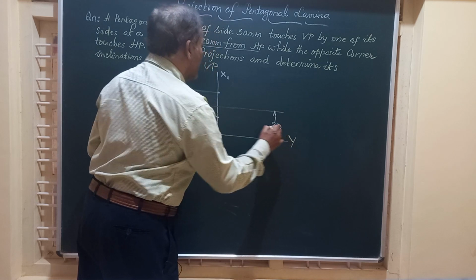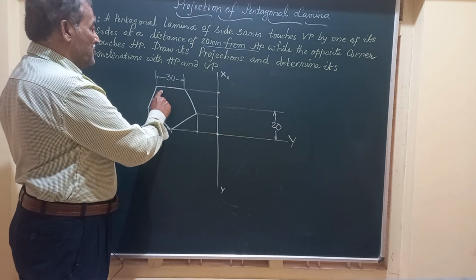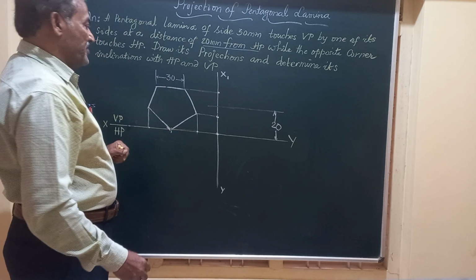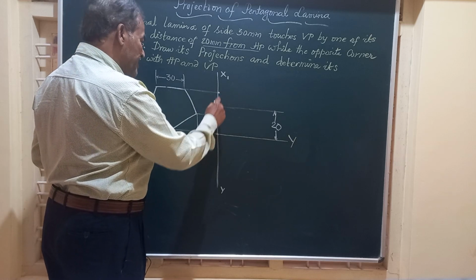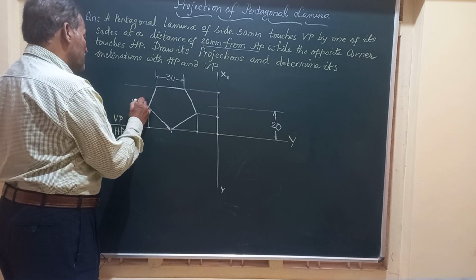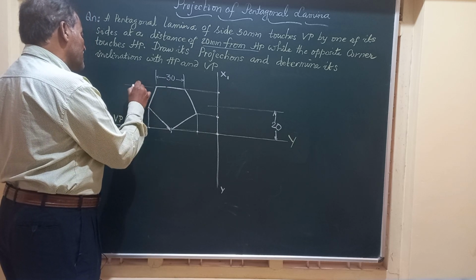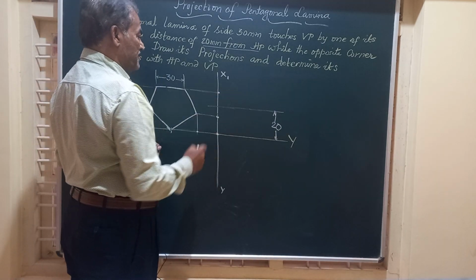So that is the final position of this side which is on VP. Now I will call this distance, that side view distance, as M. M is the total vertical height of this, or the end view length.